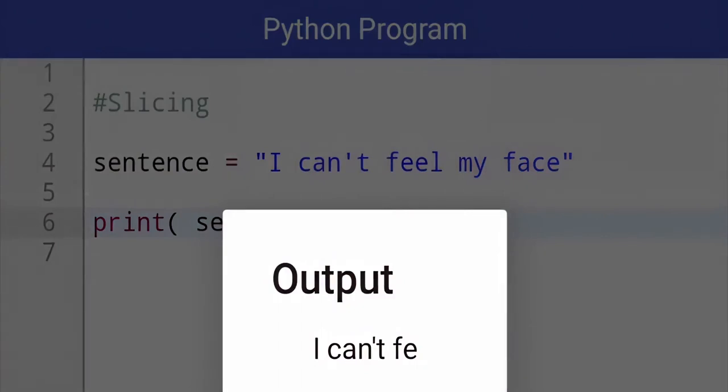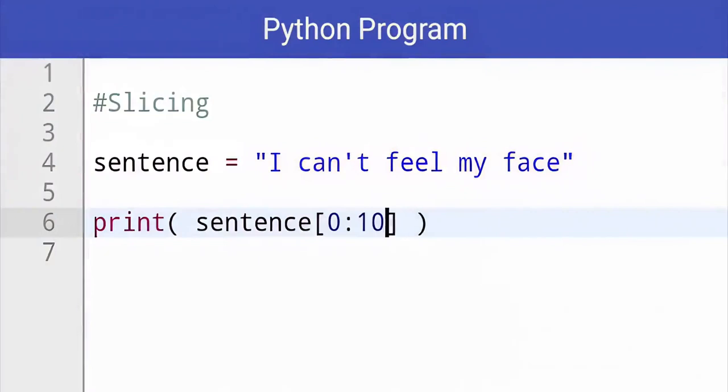And there's one extra thing that we can do here, and it is how many steps we count by. In this case, we're displaying every single character from 0 up until 10. But if I wanted to display every other character, all I'll have to do is add one more parameter here.